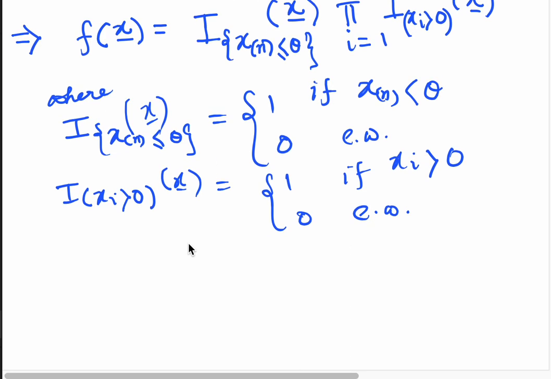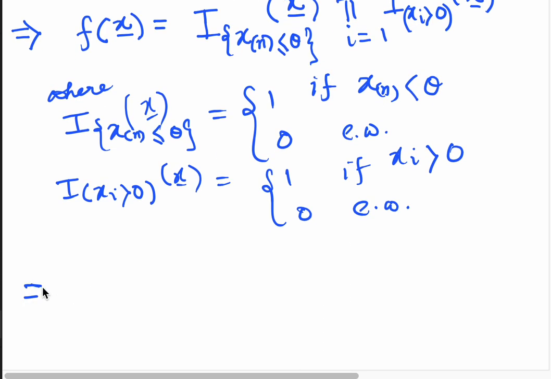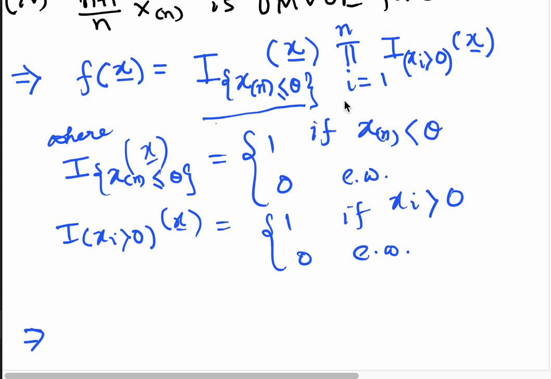Now from equation 1 we can write that this is the function that only depends on the random variable x, and this is the function of X(n) and theta.